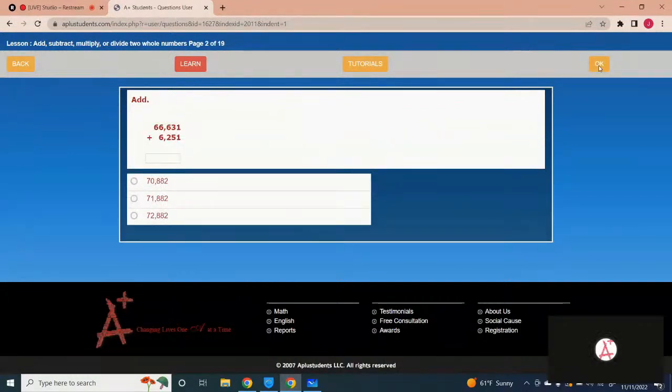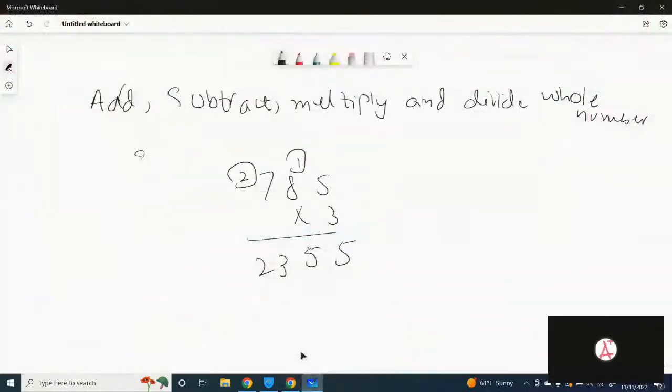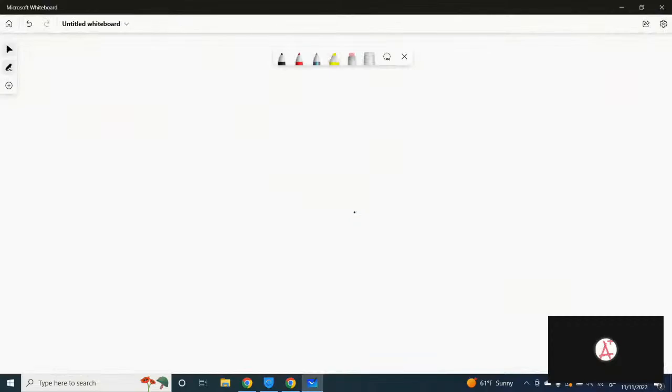Okay, you have to add. So start adding from the rightmost digit. 1 plus 1 makes 2. 66,631 plus 6,251. 5 plus 3 makes 8. 6 plus 2 makes 8. 6 plus 6 makes 12.